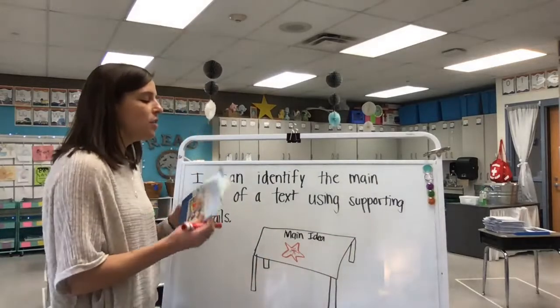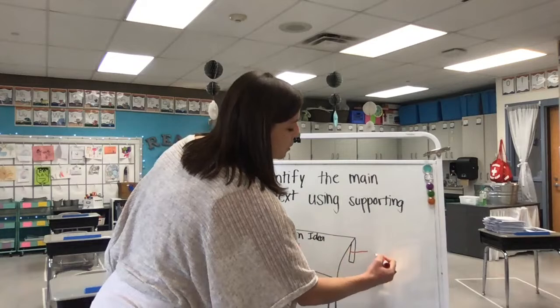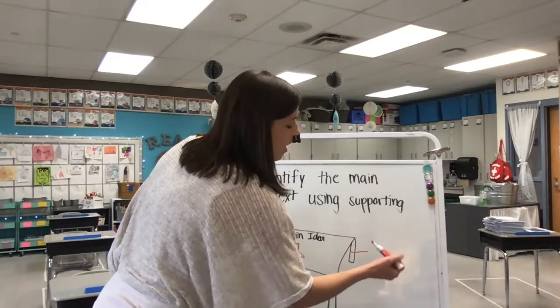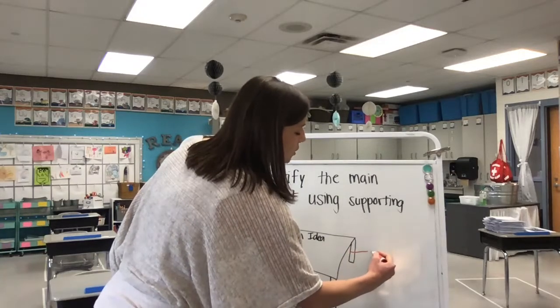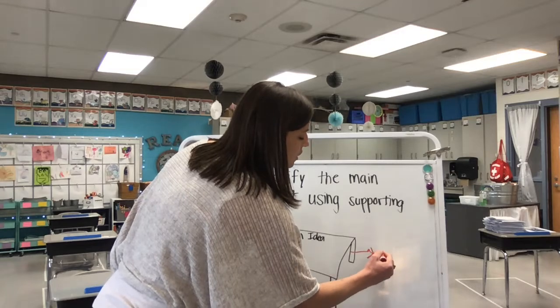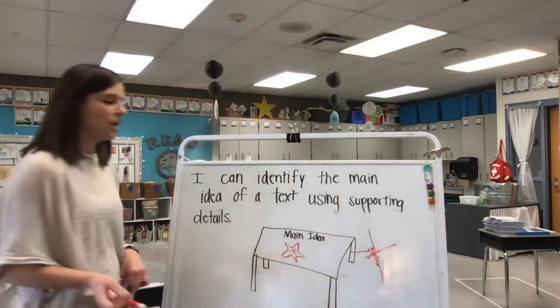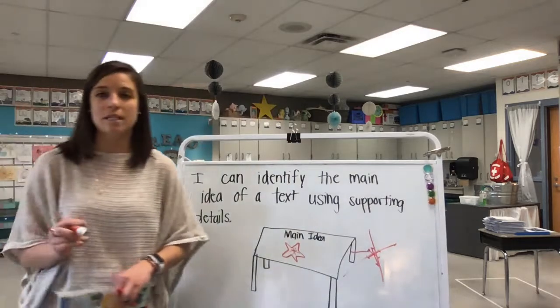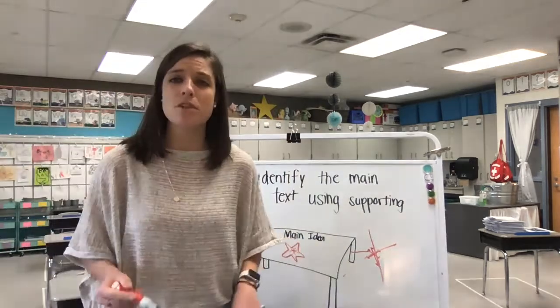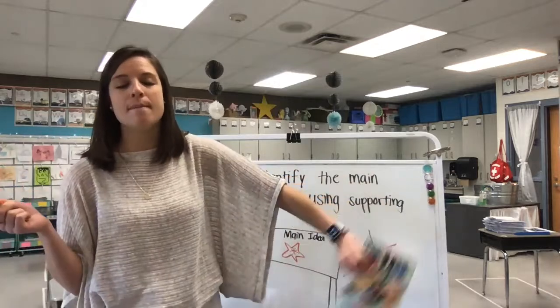So at the beginning of the story, what supports our main idea is, first of all, the kids are at recess and the cookie is missing when they return. So I'm going to draw a snowflake cookie right here. And then I'm going to put a big X on it to show that it was missing. That's a supporting detail. At the beginning of the story, the cookie disappears. That's important to our story, right?